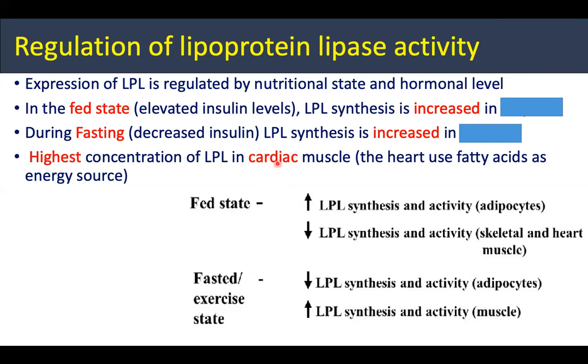The ApoC2 is going to attach to my lipoprotein lipase. Let's say, for example, this lipoprotein lipase is on my blood vessel, and the ApoC2 is going to activate my lipoprotein lipase. Once my lipoprotein lipase is activated, now the lipids, specifically the triglycerides that were inside of my lipoprotein, can be broken down. So my ApoC2 activates my lipoprotein lipase.